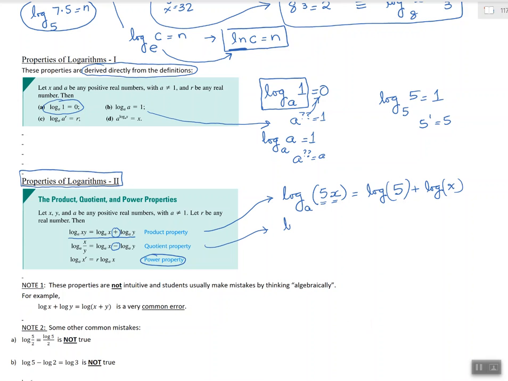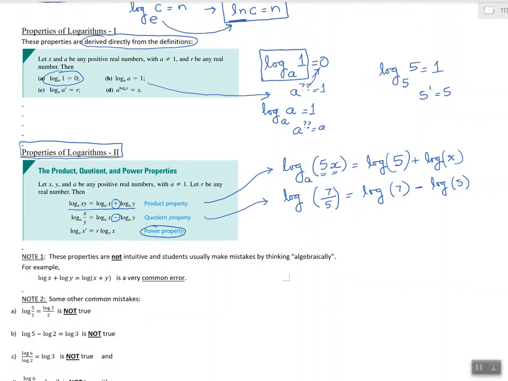Similarly, suppose you have log of 7 over 5. Then this could be written as log of 7 minus log of 5. These things are not intuitive, so you would have to remember them and get used to thinking in this particular way.